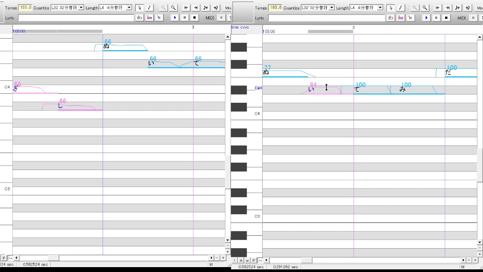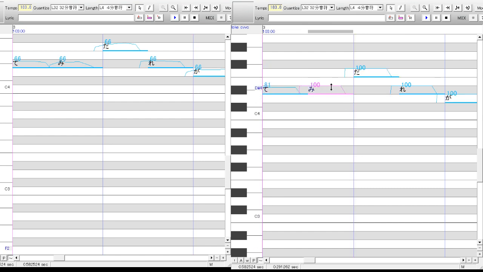And one of the biggest things for making your tuning realistic that I don't think gets enough attention is, in fact, volume.